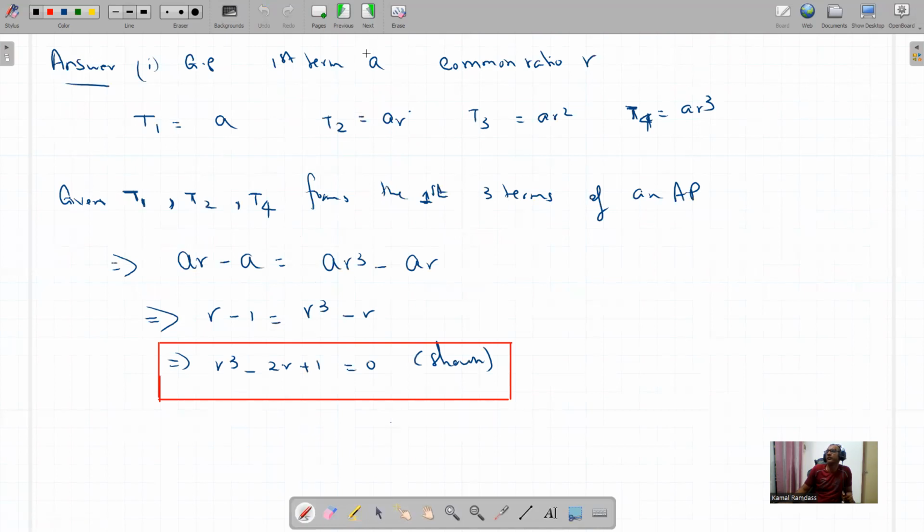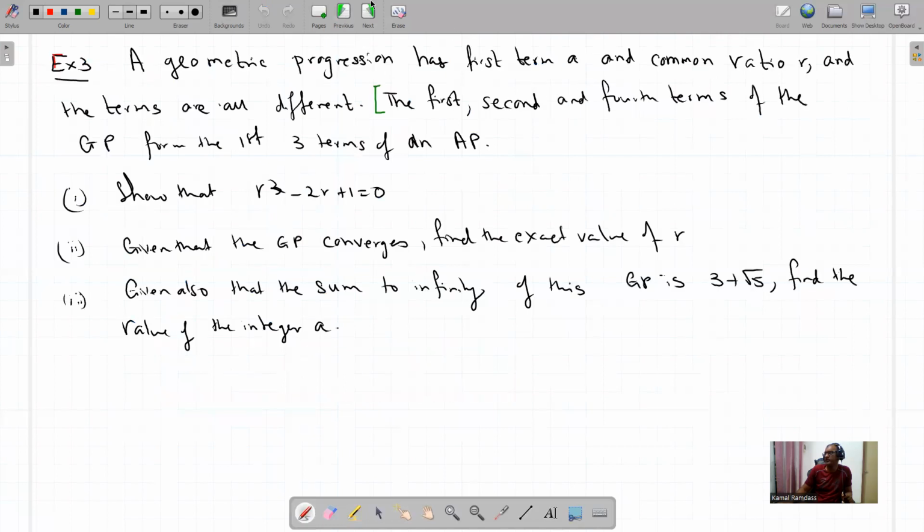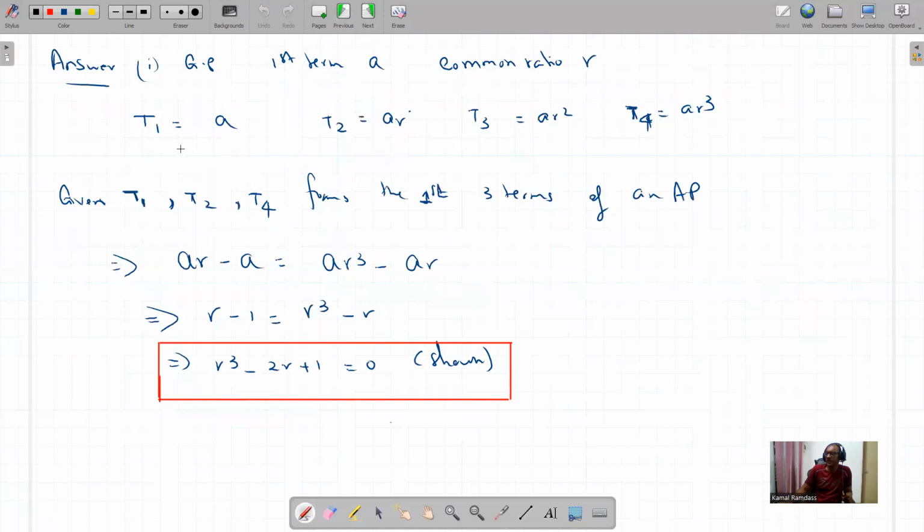In the geometric progression, first term A, common ratio R: T1 is equal to A, T2 is equal to AR, T3 is equal to AR squared.